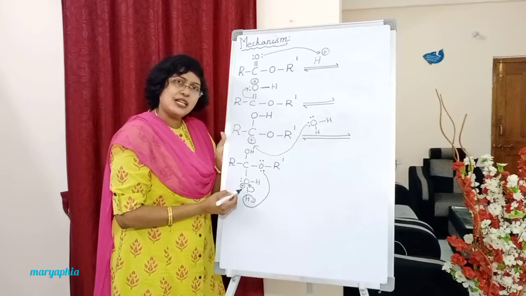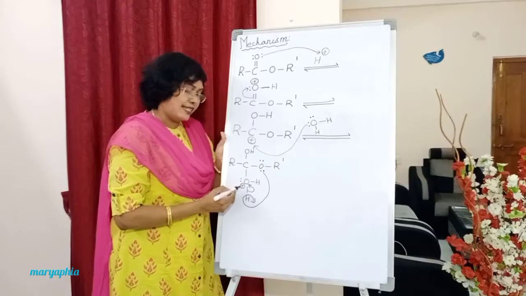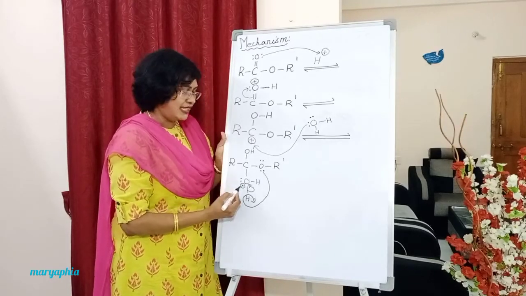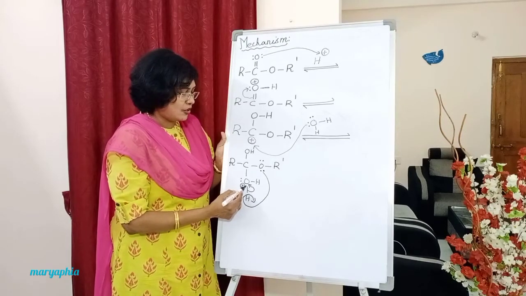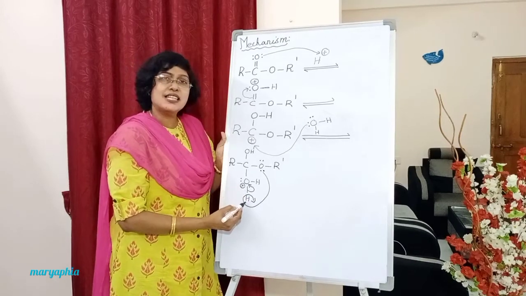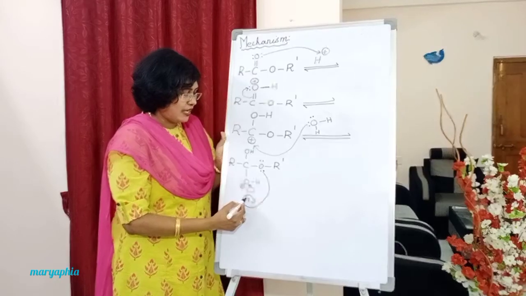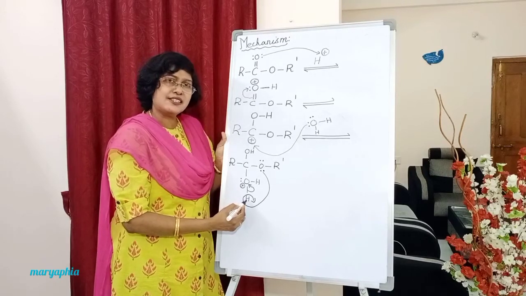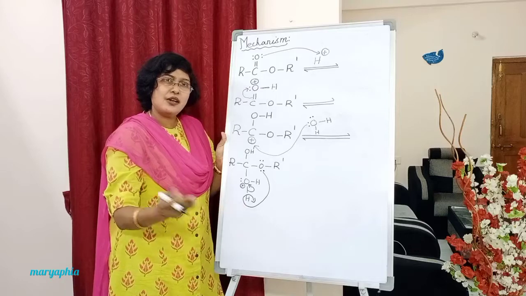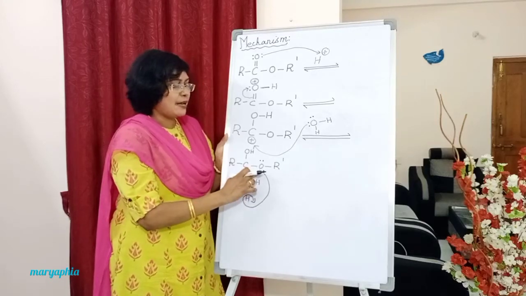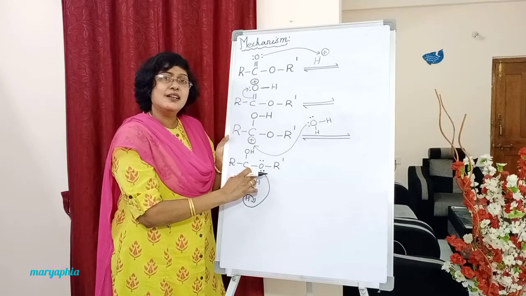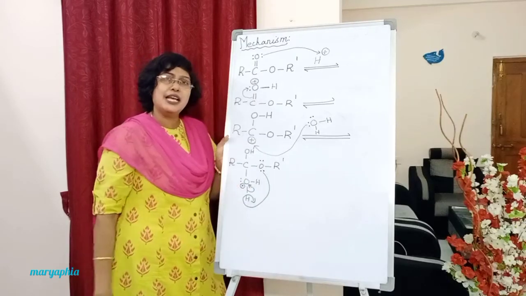Hence oxygen acquires a positive charge, and this positive charge is satisfied by taking up the electrons present between oxygen and hydrogen. Now the position of this H is H plus. It will not roam somewhere in the air. This H plus will be taken up by the oxygen with its lone pair of electrons.